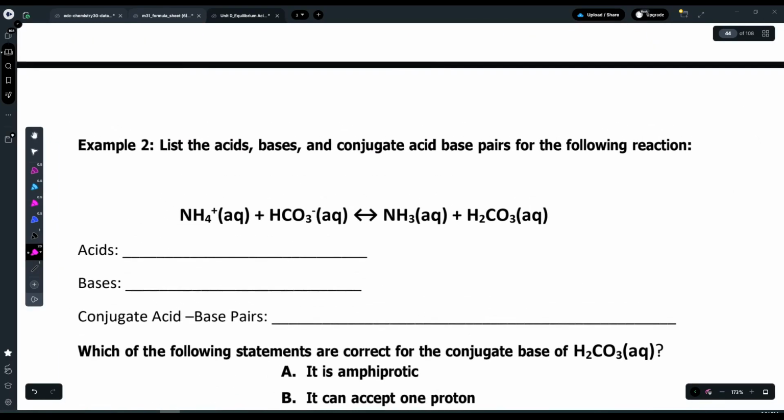Okay, so example 2, list the acids, bases, conjugate acids, base pairs for the following reaction. Okay, so again, with conjugate acid base pairs, you're just picking what looks similar.